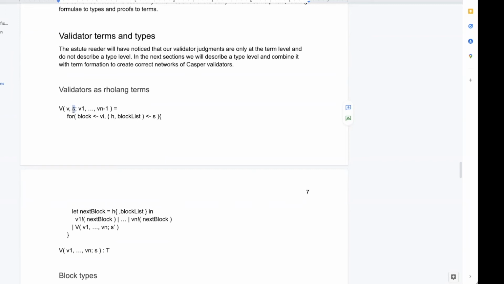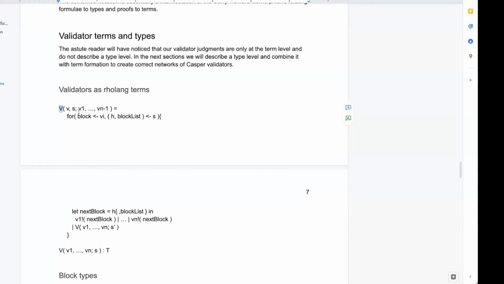So that's what we can keep inside S. And then these are the addresses of the rest of the validators, right? So V1 through Vn. So if there are n validators, this is n minus 1. So these are all the other validators. All right, so we have n plus 1 total channels that the V program is parametric in.